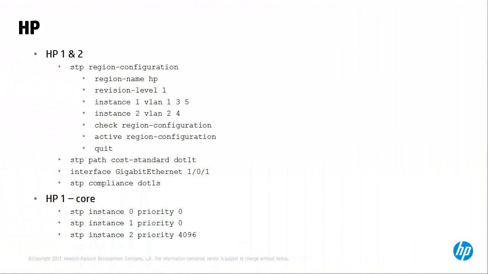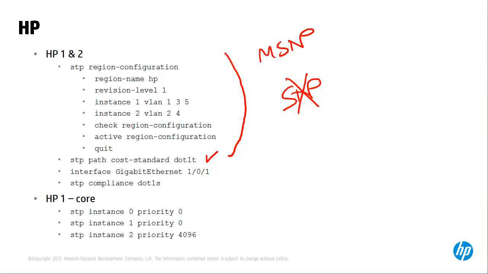On the HP switches, we're going to configure multiple spanning tree, but not enable spanning tree at this point. So spanning tree is still not enabled on the HP switches, but the multiple spanning tree configuration is done. And then we're changing the path costs to use industry standard costs and changing the BPDUs on the interfaces to use industry standard BPDUs.